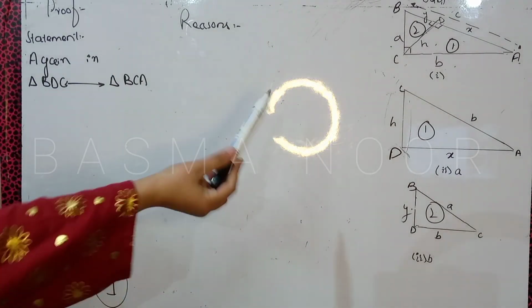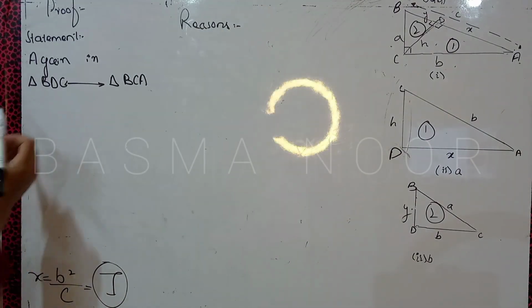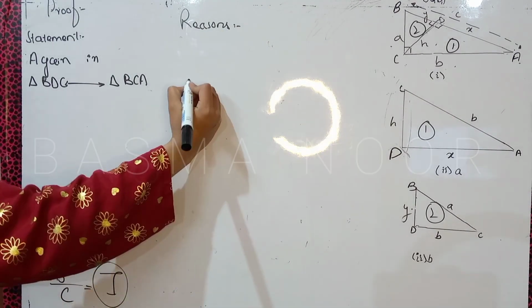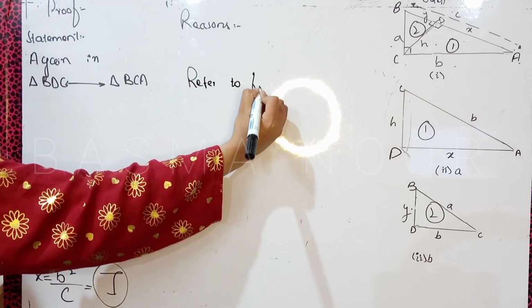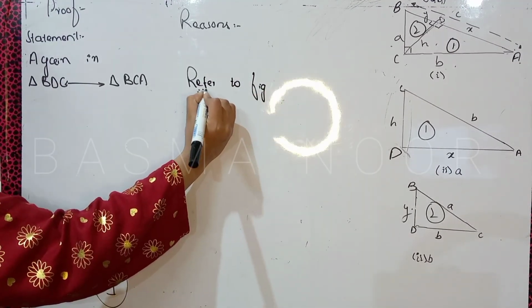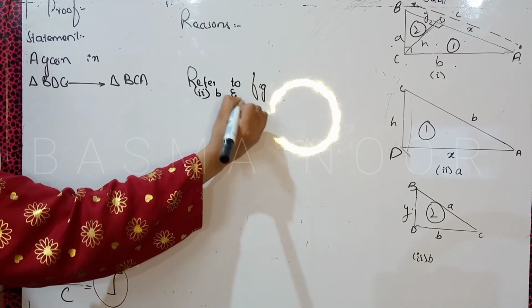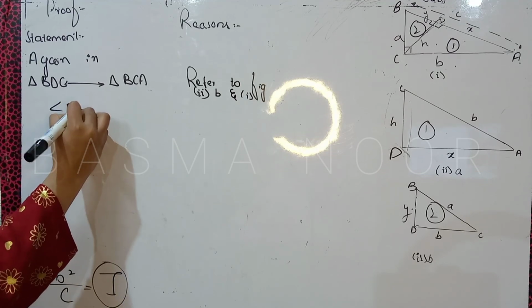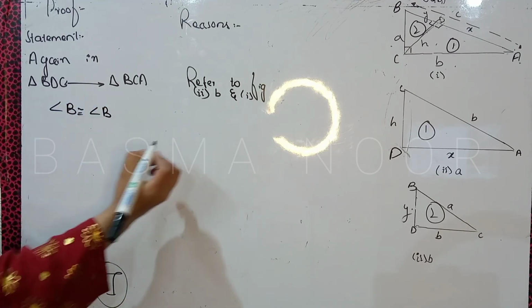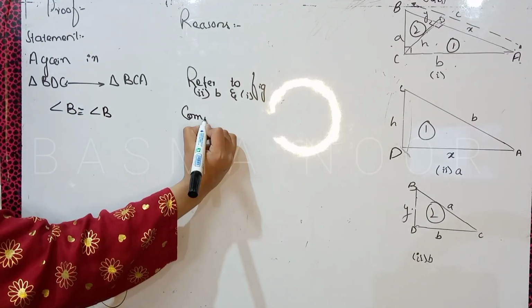First we're going to prove that angle B is equal to angle B, referring to figures 2 and 1. Angle B is congruent to angle B. These are common, self-congruent.